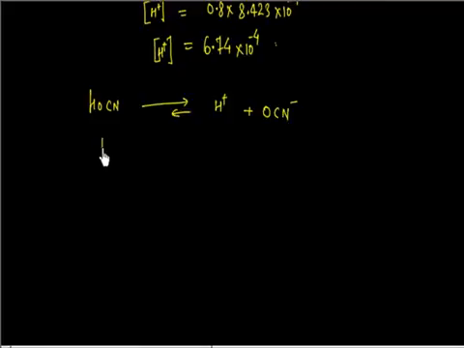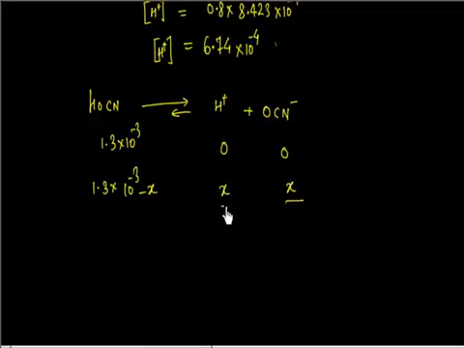Initially H plus and OCN minus are 0, and at equilibrium HOCN is 1.3 into 10 to the power minus 3 minus x, and H plus and OCN minus are x. Now x is the same as this value, 0.674 into 10 to the power minus 3. So K is x squared divided by 1.3 into 10 to the power minus 3 minus x.